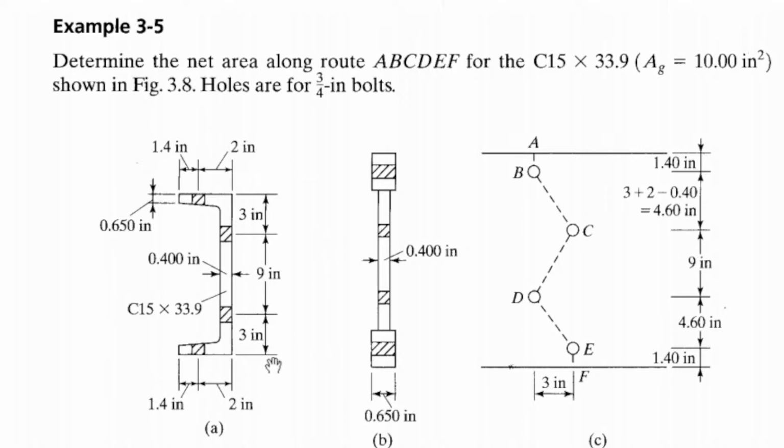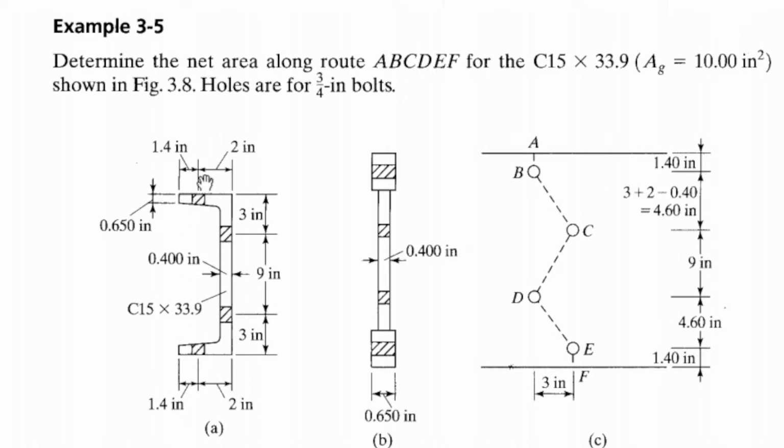So we have the dimension, we have the location of these holes. But we also have holes on the flange, I forgot to mention. There are holes on the flange, at the top and at the bottom. The bottom and the top flange have holes.